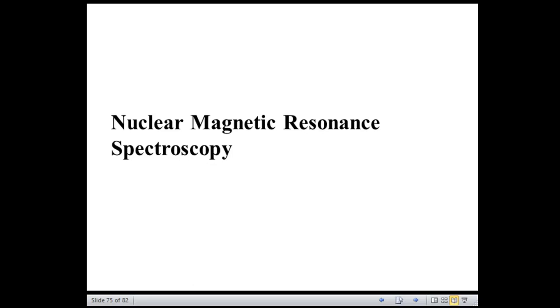So you should understand the difference. Earlier, with flow cytometry, we discussed detection and quantification. Now we are trying to understand characterization. So the most effective tool is always the NMR.